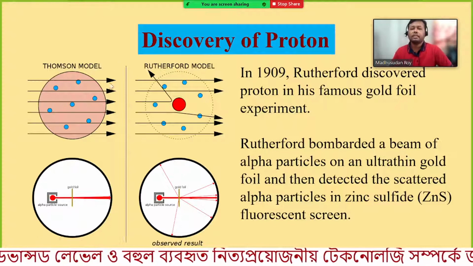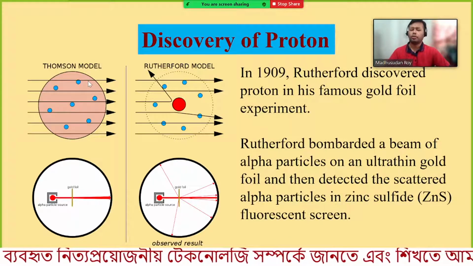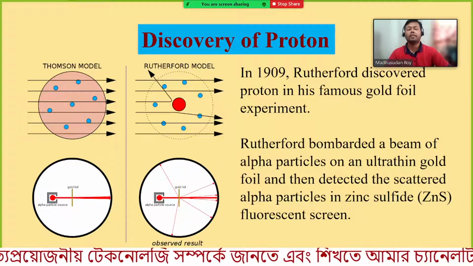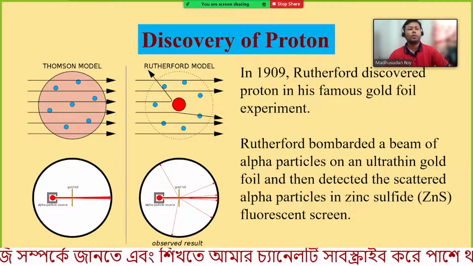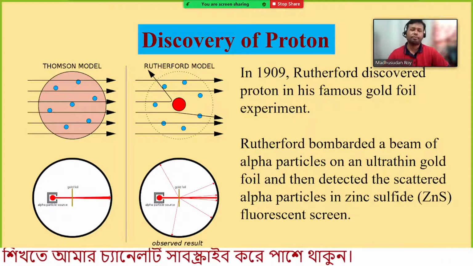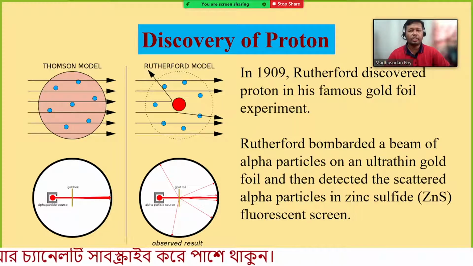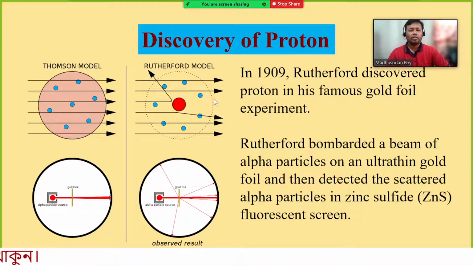So what did Thomson's model give? Thomson's model could give the idea about the electrons, and he mentioned that most of the parts of an atom are empty. That is true, because from experiments regarding the proton and electron we know that the electrons stay outside the nucleus.